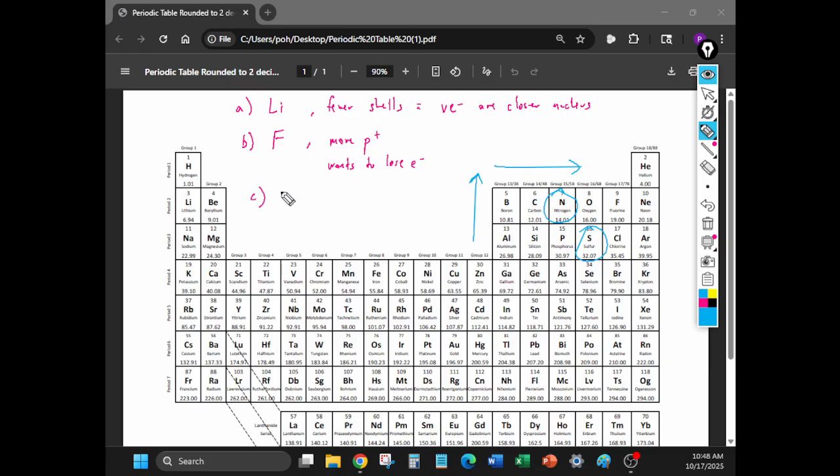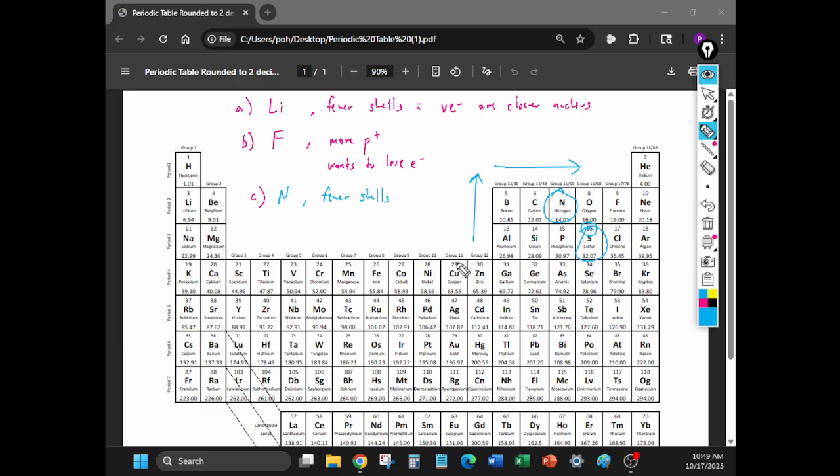The answer is going to be nitrogen. Nitrogen is more electronegative because it has fewer shells. Sulfur has more protons, it's true, but sulfur also has 3 shells. So the electrons are further away, and that makes it less electronegative than nitrogen, which has 2 shells.